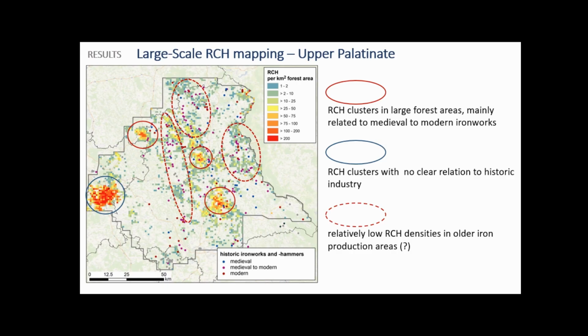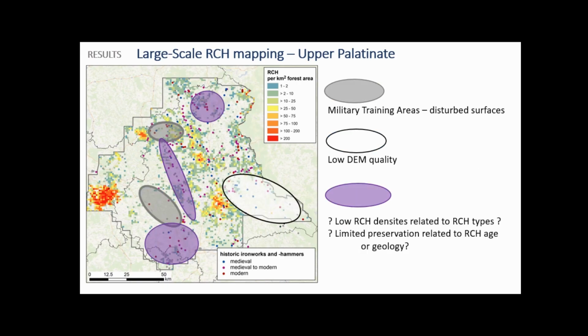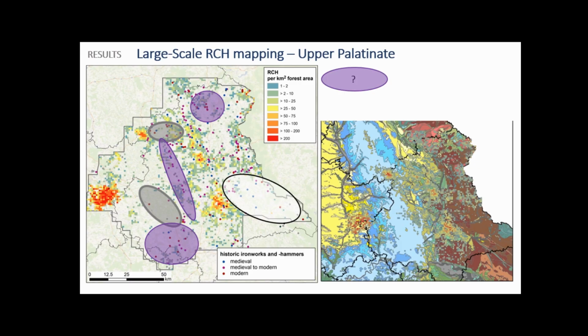If we start looking for reasons for this, again, we have some areas with low DM quality, some areas with military training sites, but not exactly in these areas where we would expect more charcoal production than we can see from mapping. So I can only show some potential reasons for this.